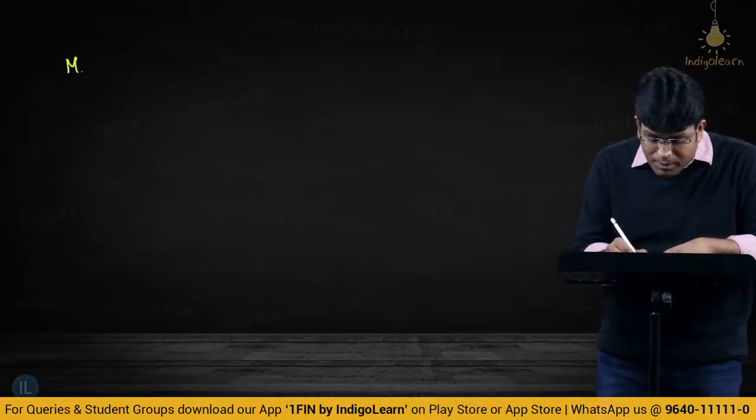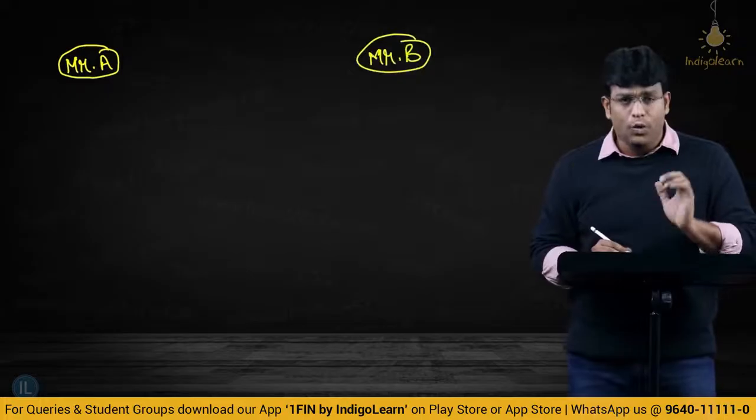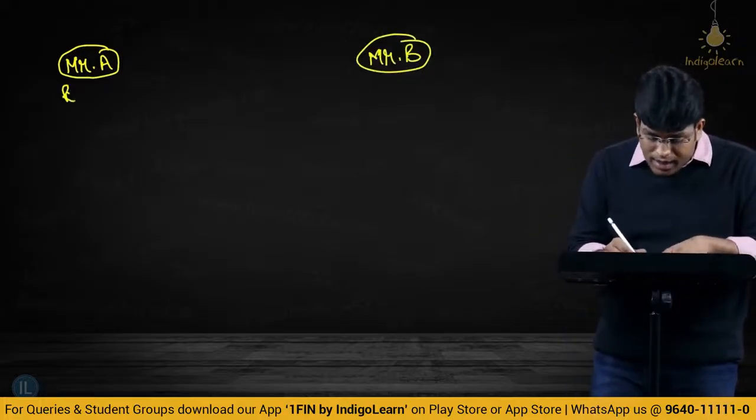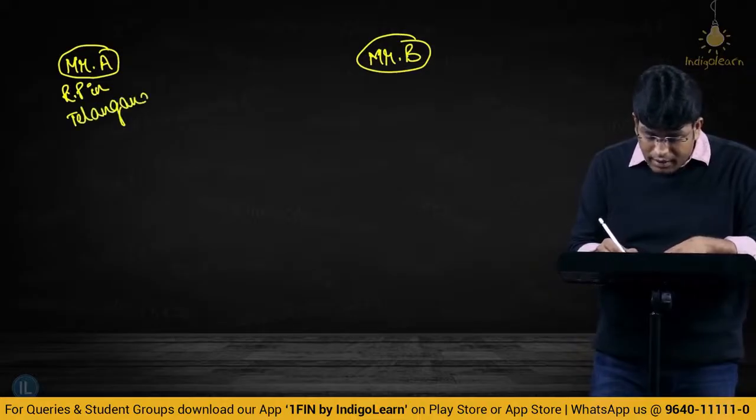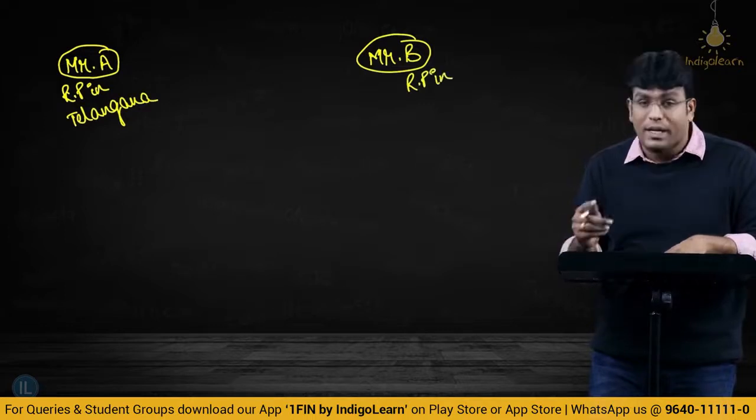Now let's take a couple more examples to understand things better. Are we ready? Right. Now let's say there is one person called Mr. A for simplicity, and one fellow called Mr. B. Now let's say A is a registered person in one state known as Telangana. B is also a registered person.